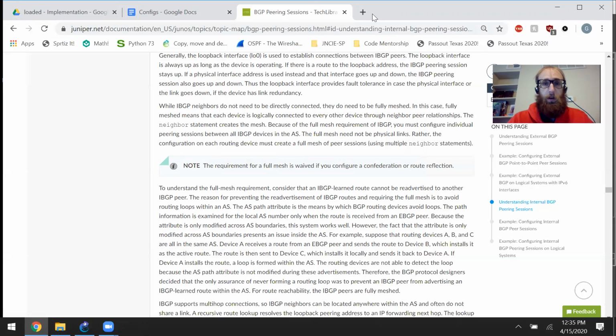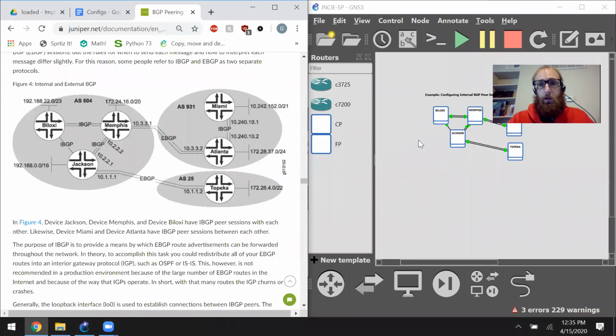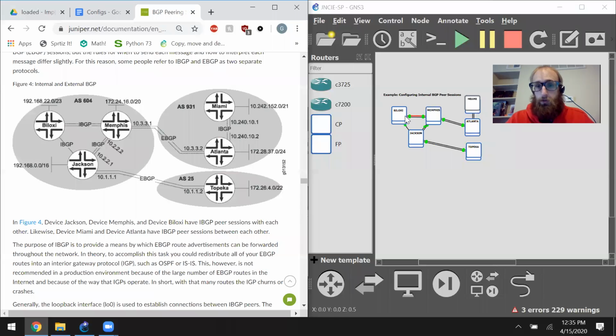All right, so moving back into the lab where we left off last time, I was just going through and configuring this, so I'll continue that. All of the AS604 routers are now complete, so I'll move on to AS931.